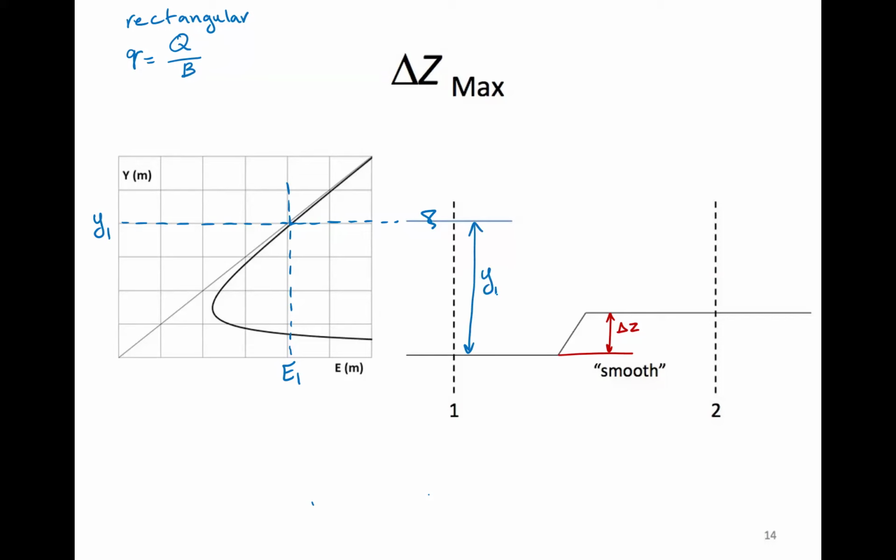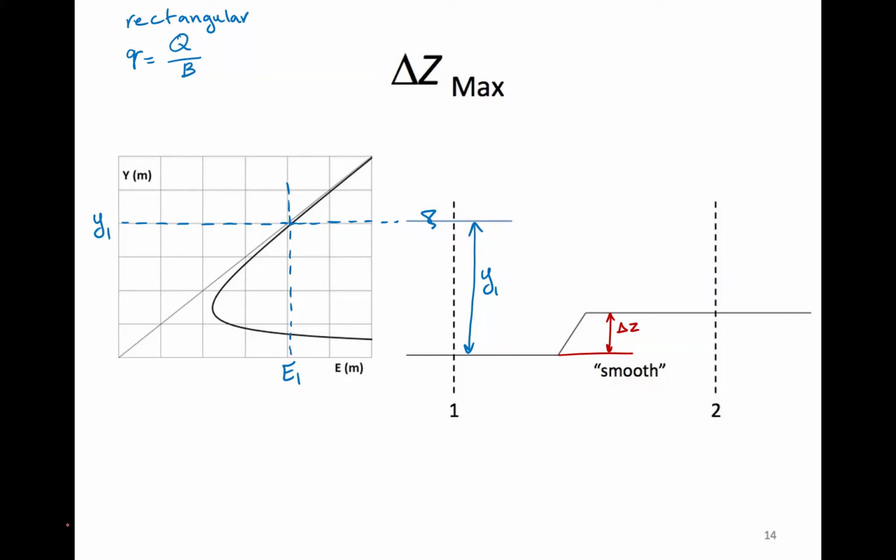Right? And now we're going to look at the height of the step and translate it side by side to changes on the E-Y graph. If you remember, what we said was that as you bring the channel bed up, you put a step, delta Z goes up, the specific energy goes down because you're moving your datum closer to the total specific energy line, EGL.